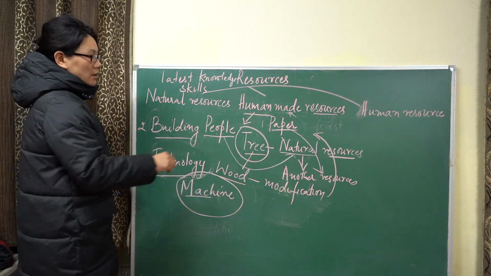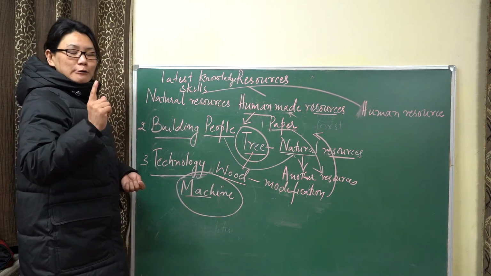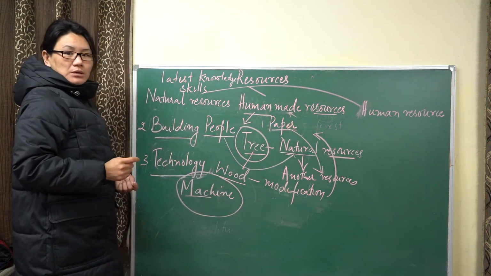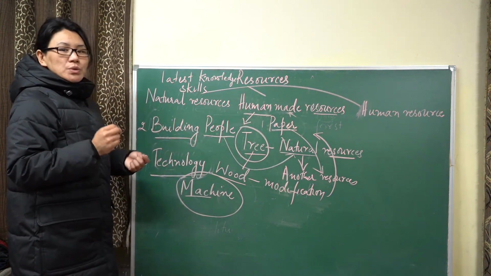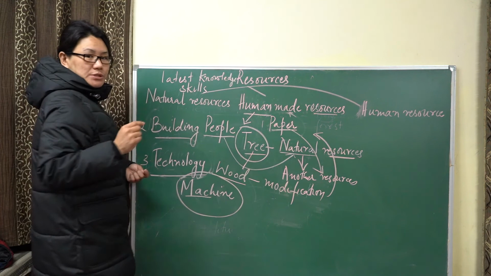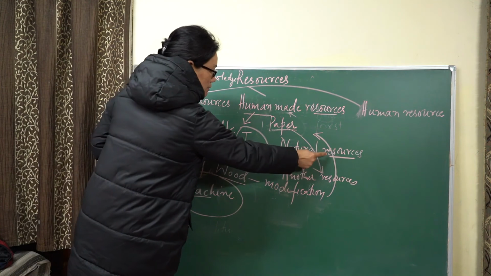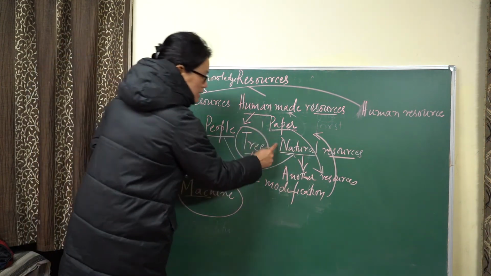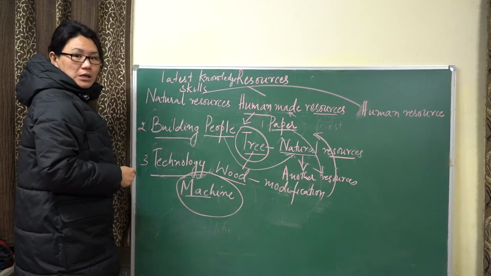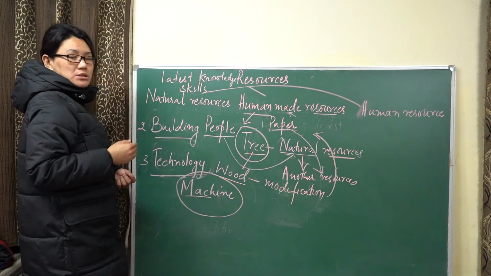So in brief, see here, the meaning of human-made resources is resources which are made by the people. Number 2, how do they make resources? How do people make resources? So they make resources by using natural resources. So this natural resources will go for modification in order to create another resources here.